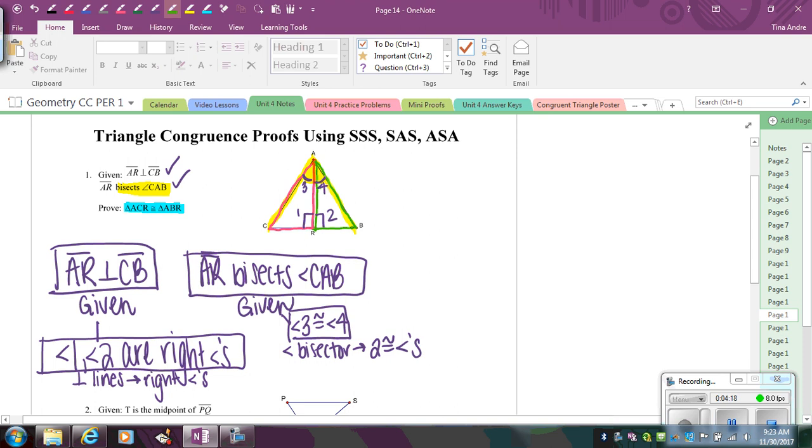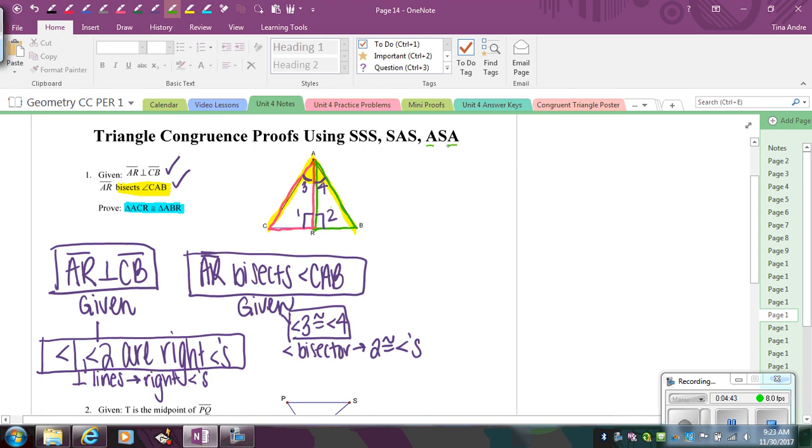In order to prove that the triangles are congruent, we really have 5 congruence theorems, but for this section, we're only going to focus on the 3. I already have 2 sets of angles labeled from my givens as angles that I could prove are congruent to each other. If you look at our methods here, we already have 2 angles.